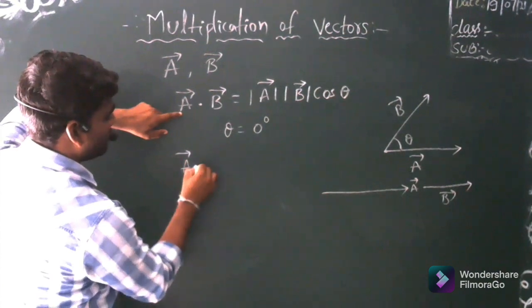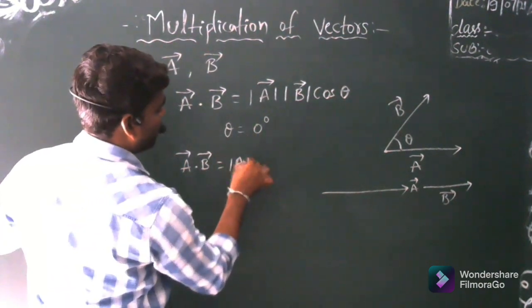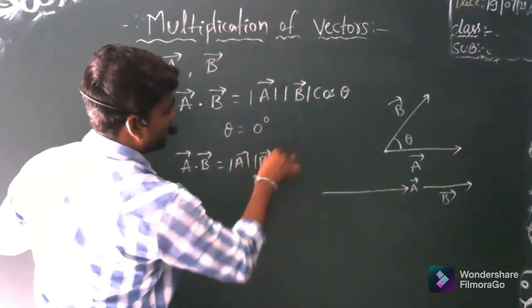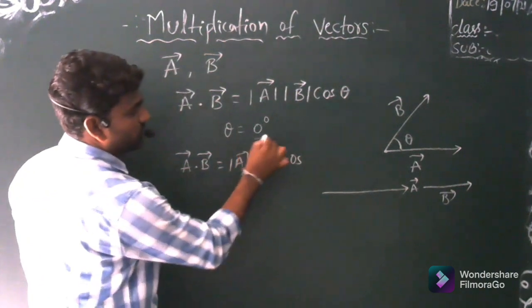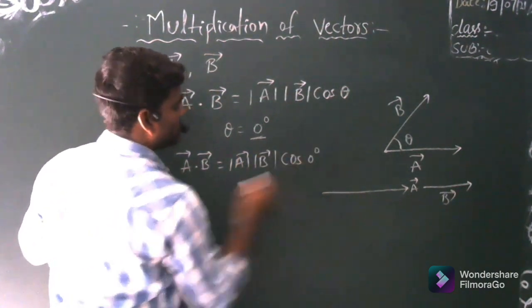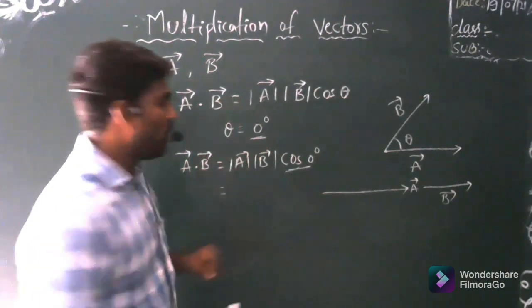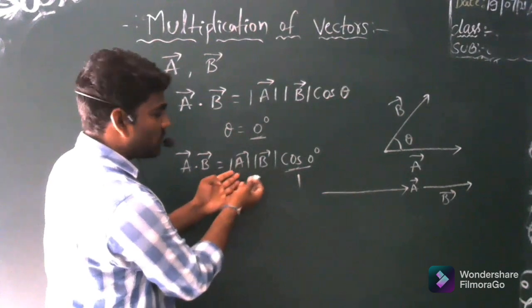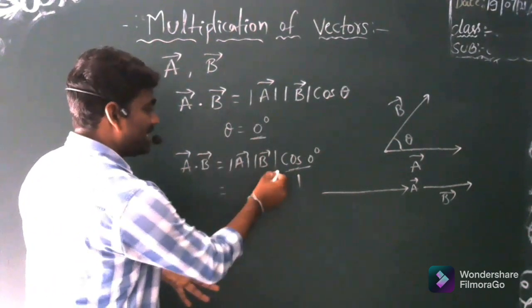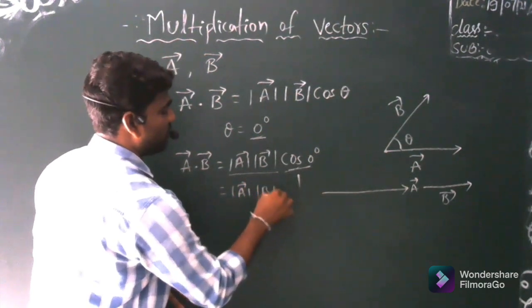A dot B equals magnitude of A into magnitude of B into cos theta. In place of theta, you substitute 0 degrees, and we know the value of cos 0 is 1. So multiplying the magnitudes of the remaining two vectors, we get magnitude of A into magnitude of B.